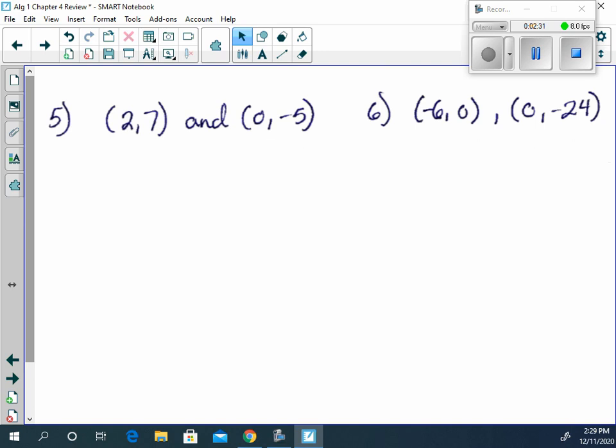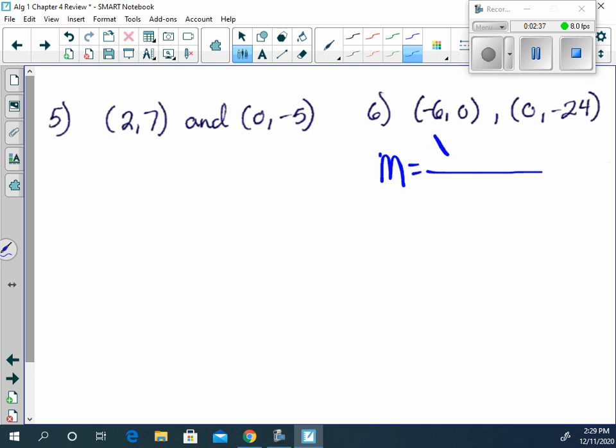Now we can use the slope formula: y2 minus y1 over x2 minus x1, with x1, y1 and x2, y2.